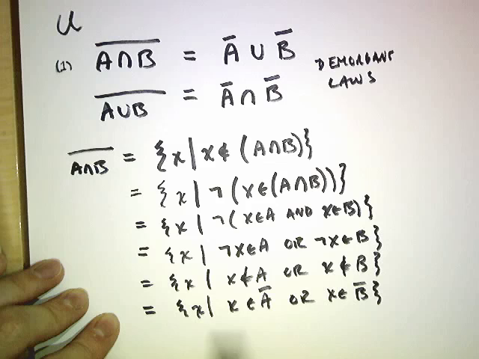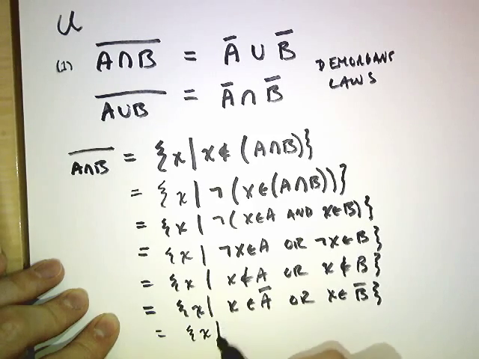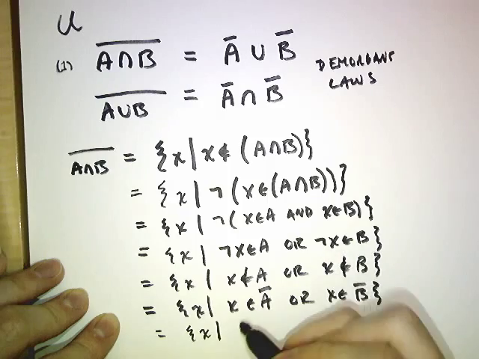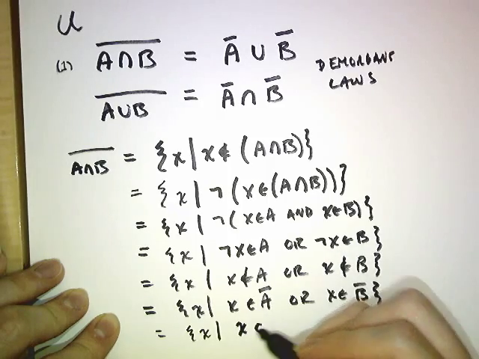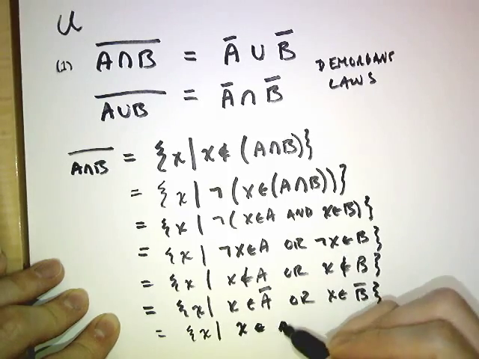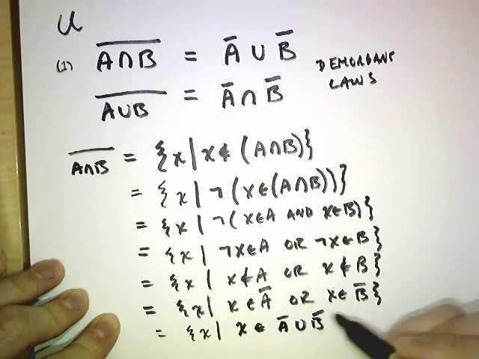Well, I guess we could write one more step. This is the set of all x such that x is in A complement union B complement.